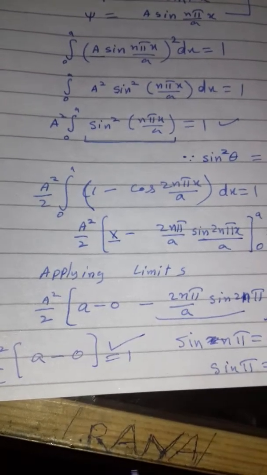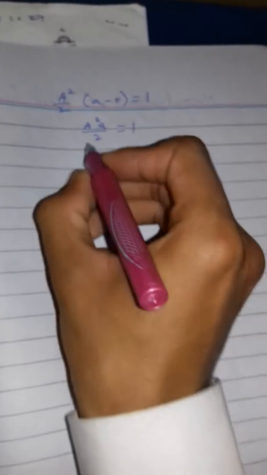Now next, A² over 2 times (a minus 0) is equal to 1. A² a over 2 is equal to 1.